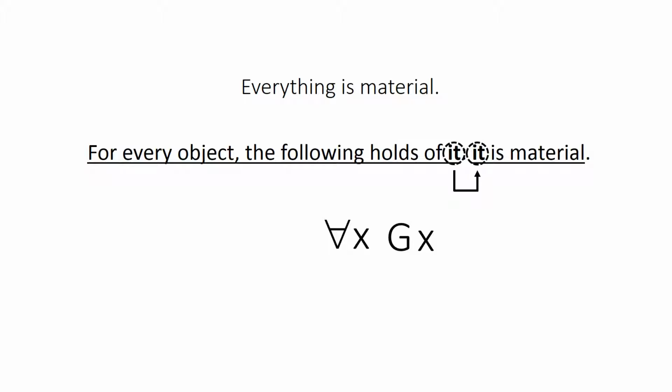It, that object, is material. The same will hold in the formal language. The two occurrences of X link up. X is again our formal counterpart to the pronoun it. Universal X, GX, says, for every object, X, the following holds of X. It is G.